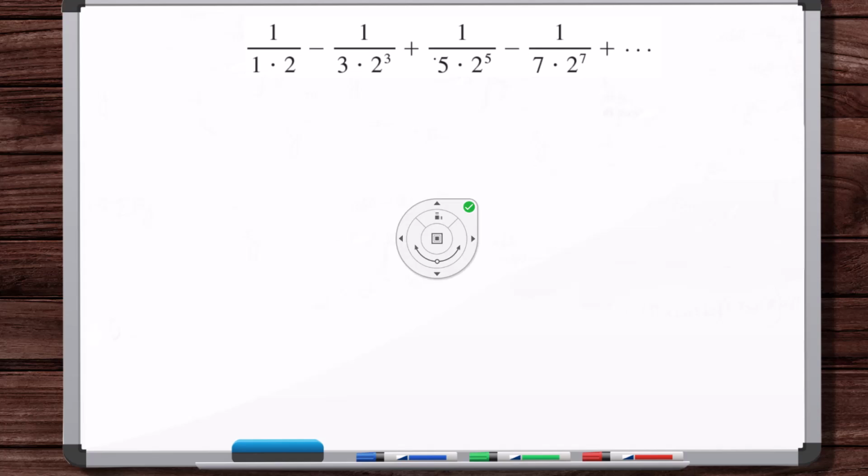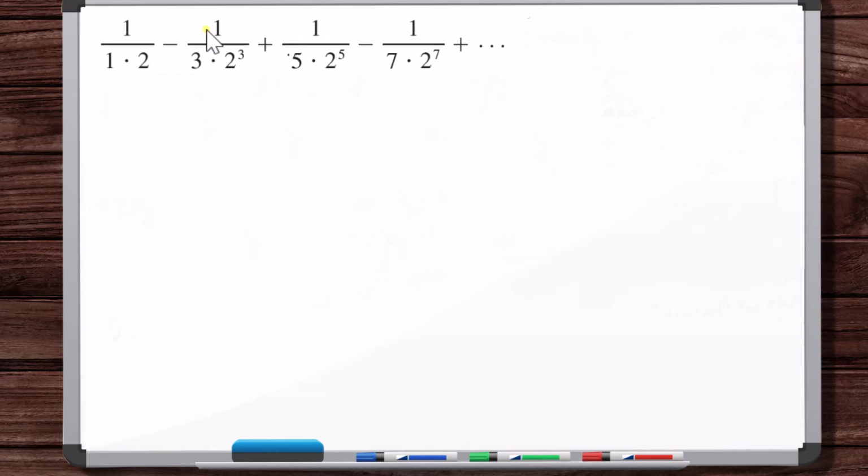Okay, what do we have here? This is the sum going to infinity. It looks like, if we're starting at 0, then we've got a 2 to the 2n plus 1, and then times 2n plus 1.